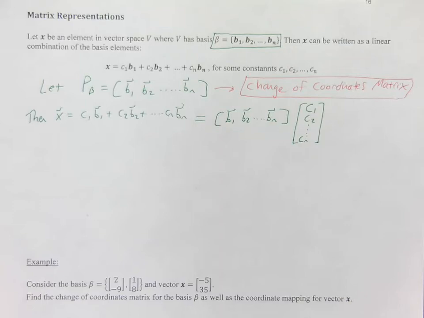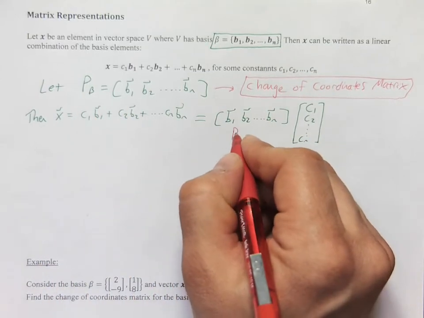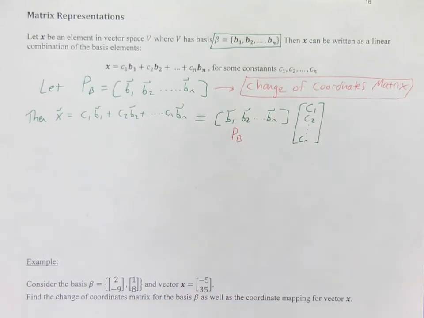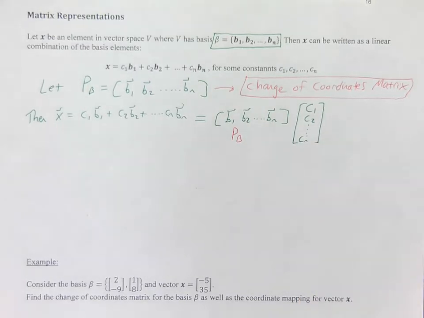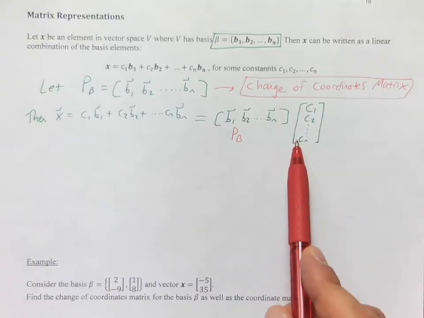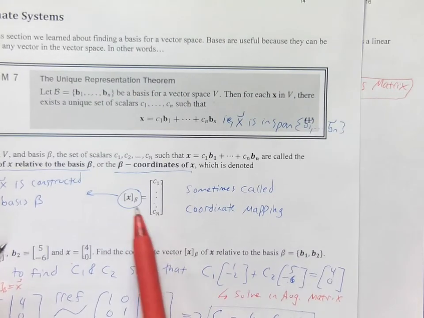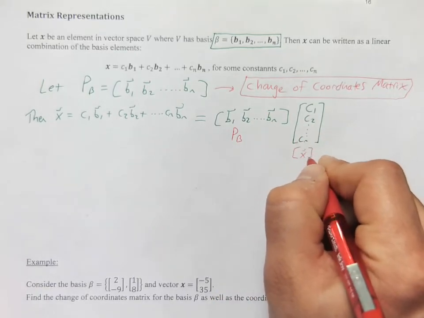And so we see that this matrix on the left is the one we labeled P sub beta, our change of coordinates matrix. And we know that this column of C's from the last couple of pages is our coordinate mapping vector. So this column of C's is really just this, and we could rewrite it as that.